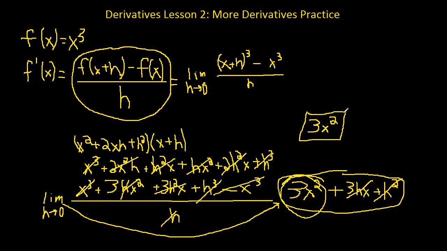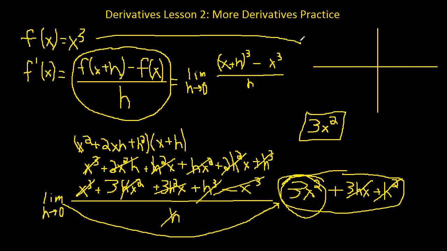And what this is, if you were following what I was saying in the last video, if I try to sketch out the graph of this function here, x cubed, x cubed looks something like this.